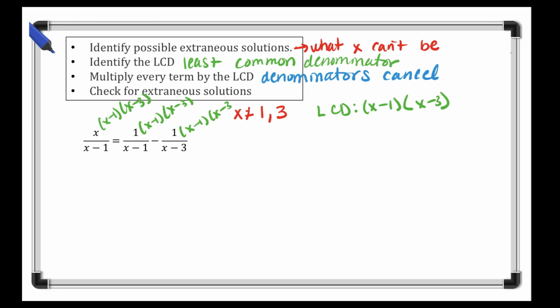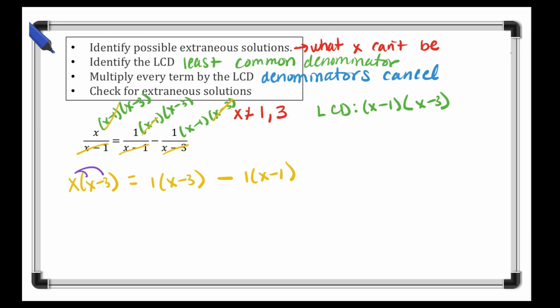And then you're going to look and see what cancels out. So my x minus 1's cancel, so I have x times x minus 3 equals, my x minus 1 cancels, 1 times x minus 3, minus, x minus 3 cancels, 1 times x minus 1.